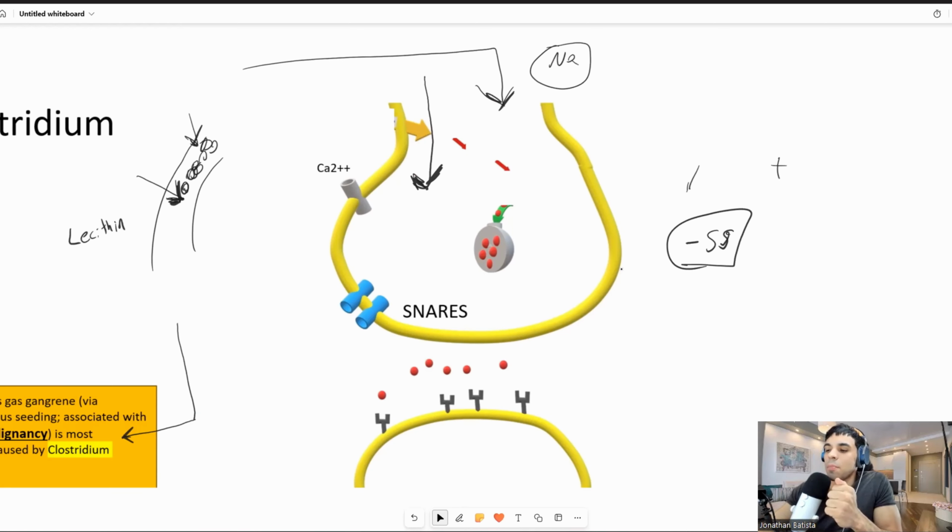Once you make it positive, voltage-gated calcium channels will open. Voltage-gated calcium channels will actually activate SNARE proteins. SNAREs, all they do is they disrupt the terminal axon membrane, allowing for more permeability. This permeability allows these vesicles to undergo exocytosis and to release neurotransmitters onto the synaptic cleft.